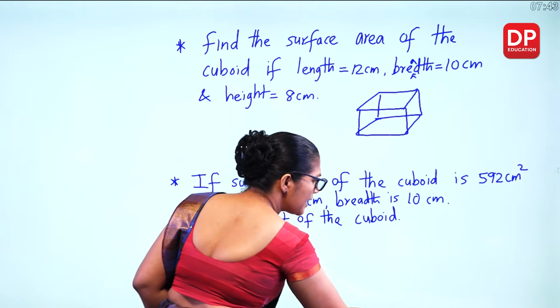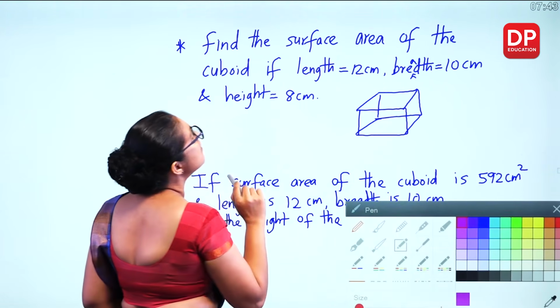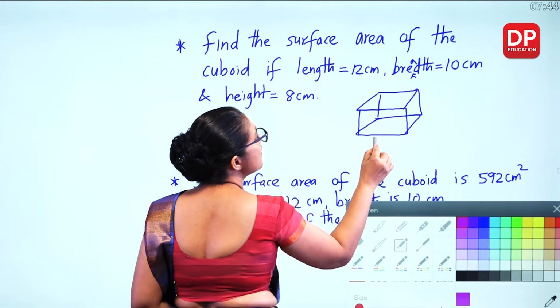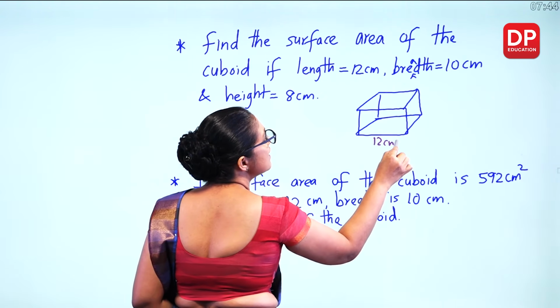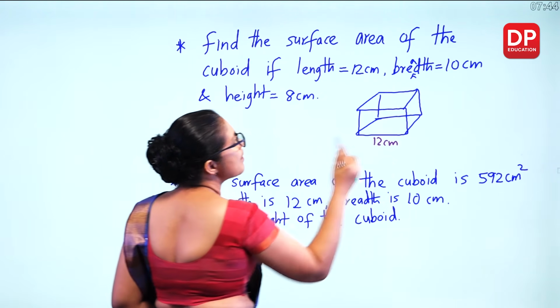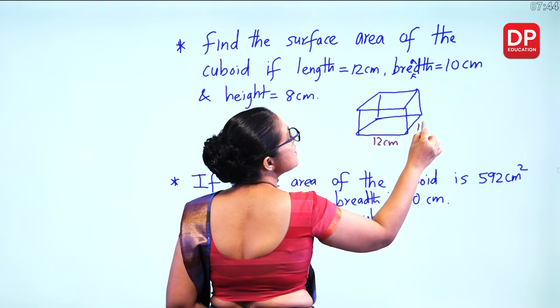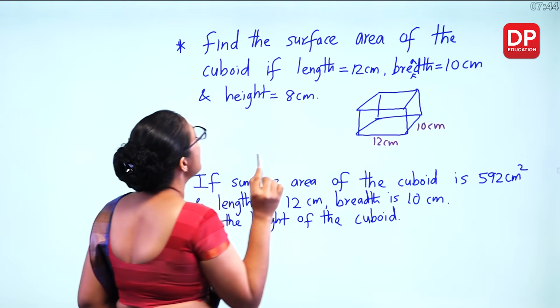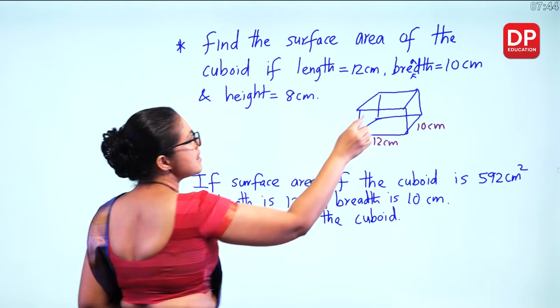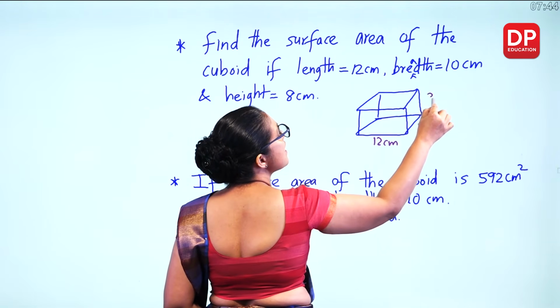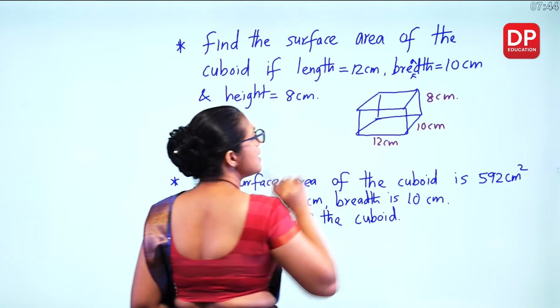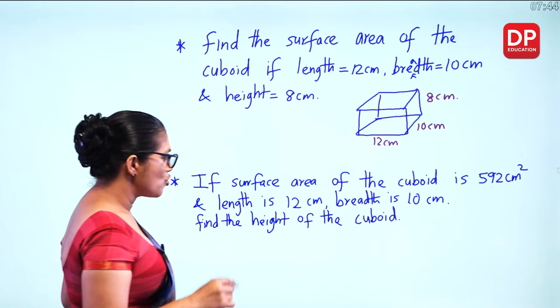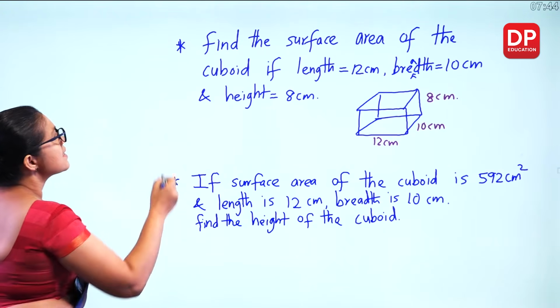So when you are taking measurements, length is given 12. So we'll take, this is the length. And breadth we'll take this side 10 centimeters and height is this one. Height is 8 centimeters. So this is the cuboid given. So you are asked to find out the surface area.